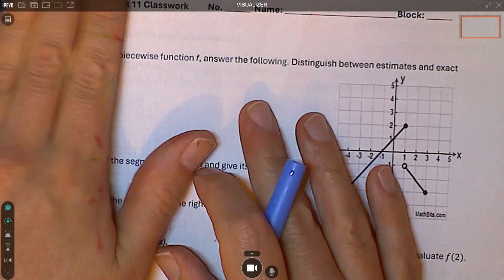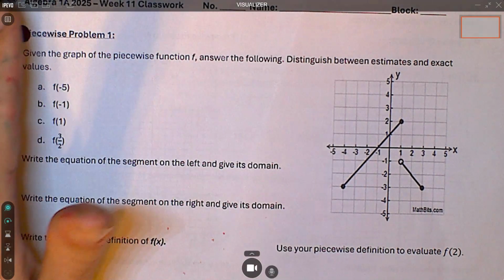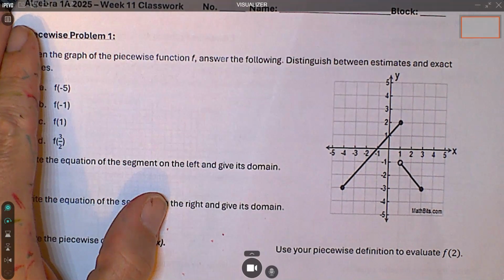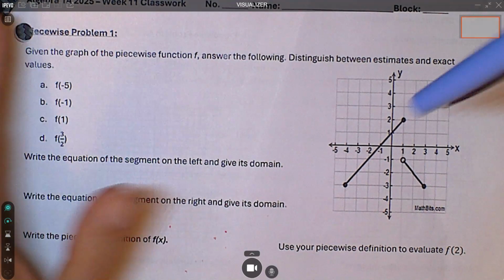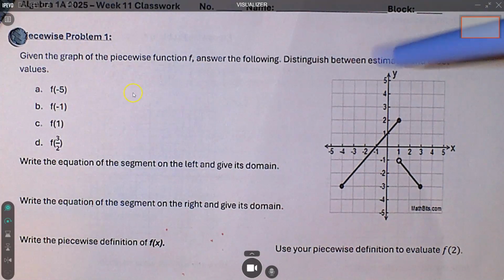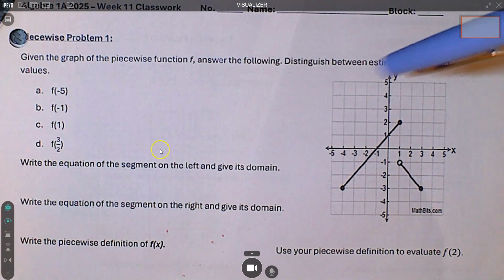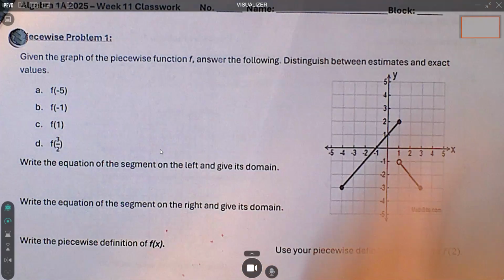Okay, given the graph of the piecewise function below, distinguish between estimates and exact values. So sometimes you're just estimating.